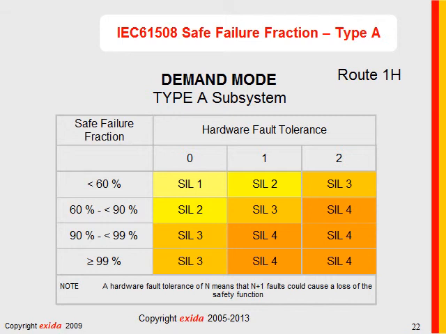That's what I do. For type A, there's a chart that shows you safe failure fraction, SIL levels, and hardware fault tolerance. If I have a type A element, it's less than 60%. Single channel is only good for SIL 1.